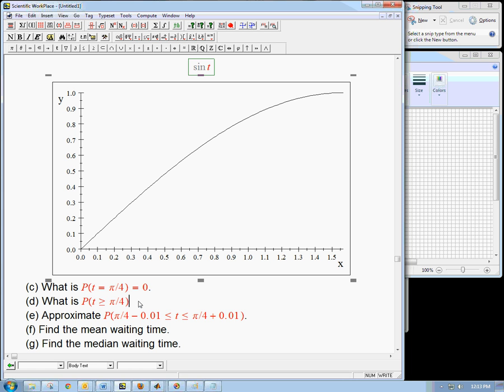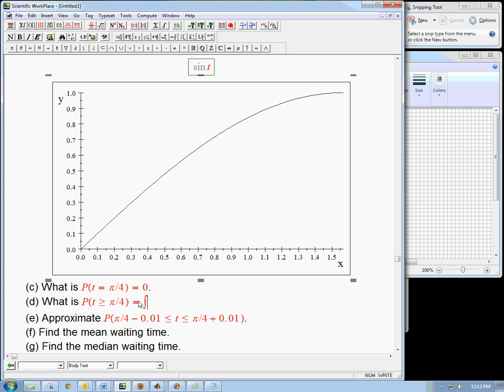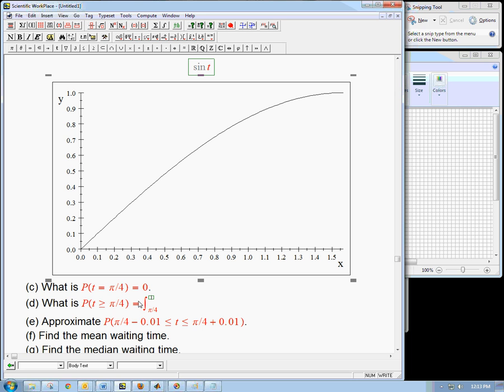So, for example, the probability that t is greater than or equal to pi over 4, that is perfectly well defined. It's the integral from pi over 4. In principle, it would be all the way to infinity, but again, this function dies after pi over 2. So it's just pi over 4 to pi over 2 of k sine t. We figured out that k was just equal to 1. Okay, and that's not too hard.